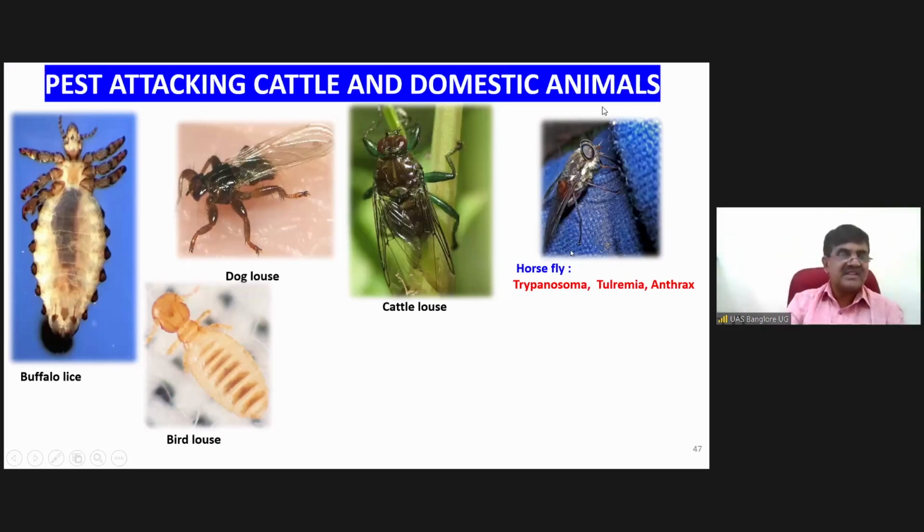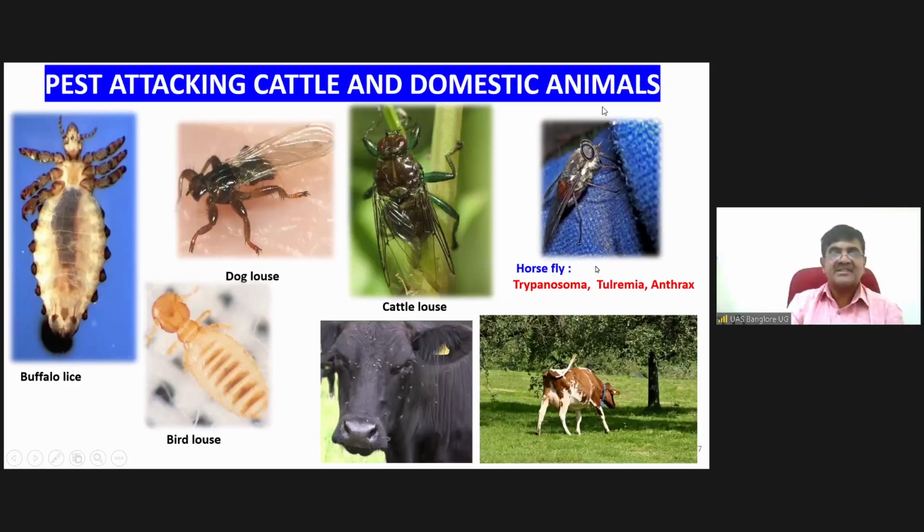For example, this horsefly transmits deadly diseases like trypanosomiasis, tularemia, and anthrax in horses. There are also some insects that cause nuisance to the animals.